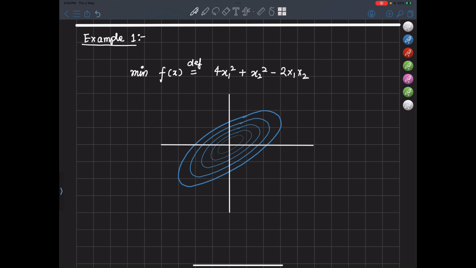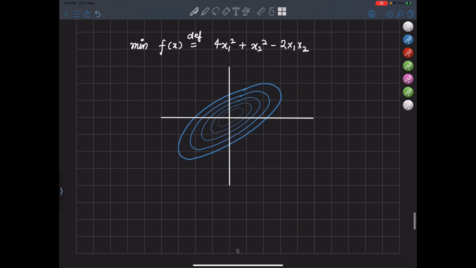Because it's a quadratic function and we are using the classical Newton algorithm, if we start from any point, let's say this is x naught, we'll reach the minimum in just one iteration step.